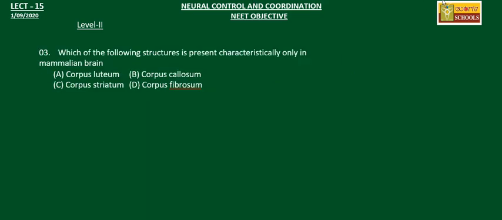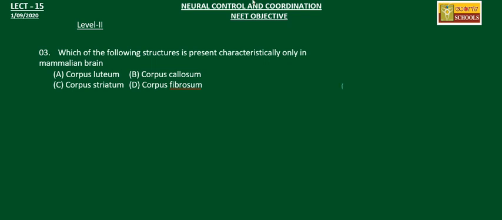So the next question: which of the following structures is present characteristically only in the mammalian brain? It includes corpus luteum. Here corpus luteum is formed in the ovaries of a female.